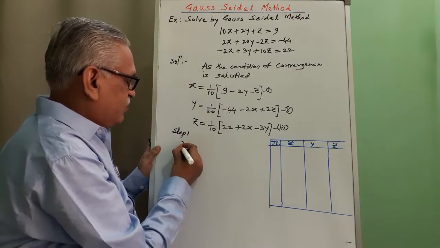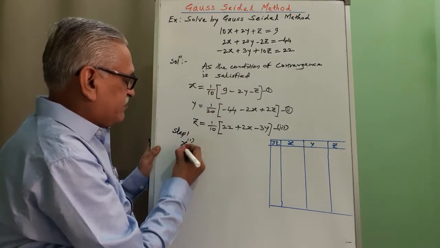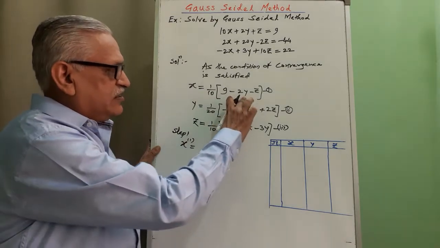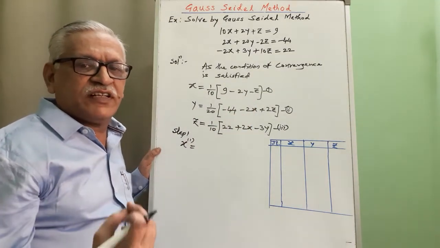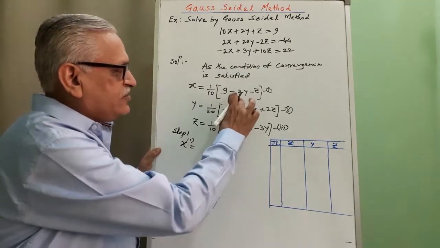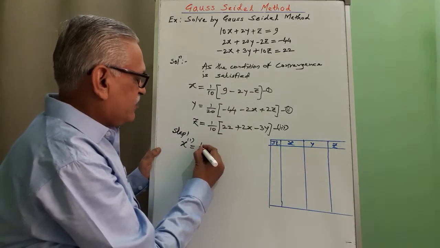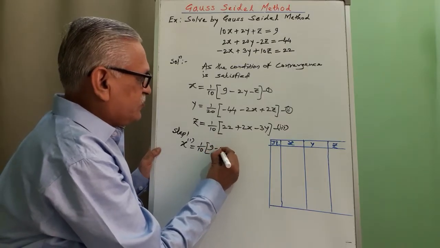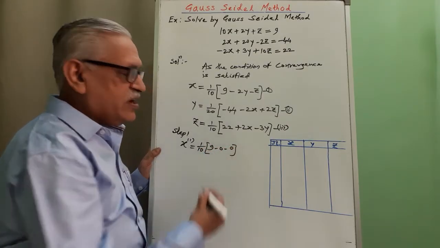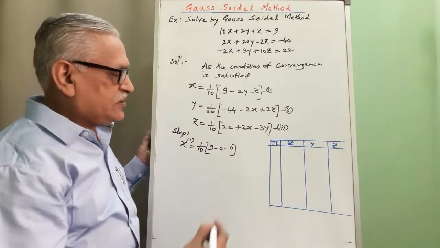We find the first approximation for x. On the right hand side we have the two variables y and z, substituted initially both as 0, and therefore we get 1 by 10 times 9 minus 0 minus 0. Fix your calculator for 3 significant digits.